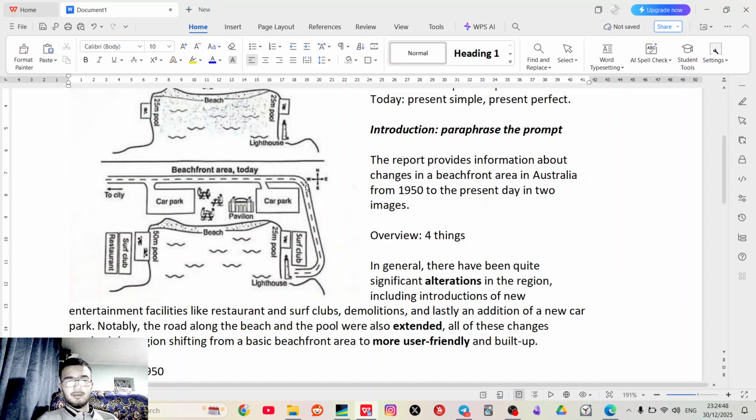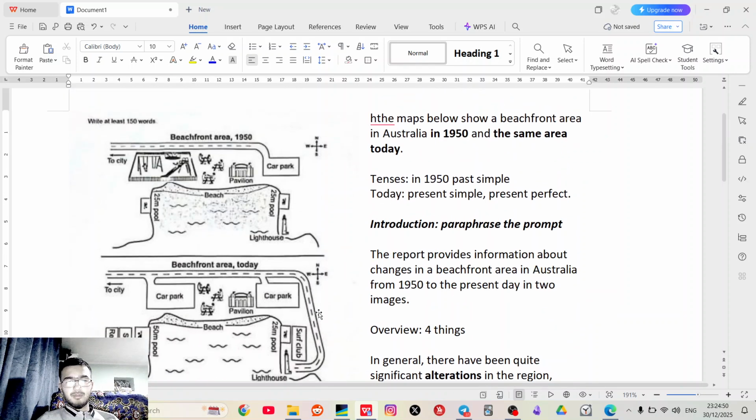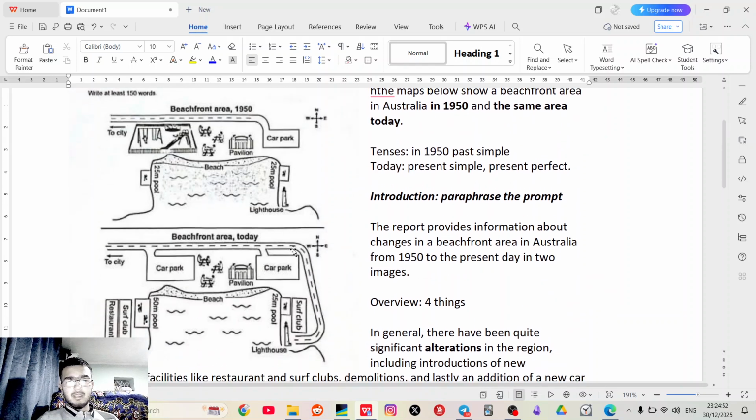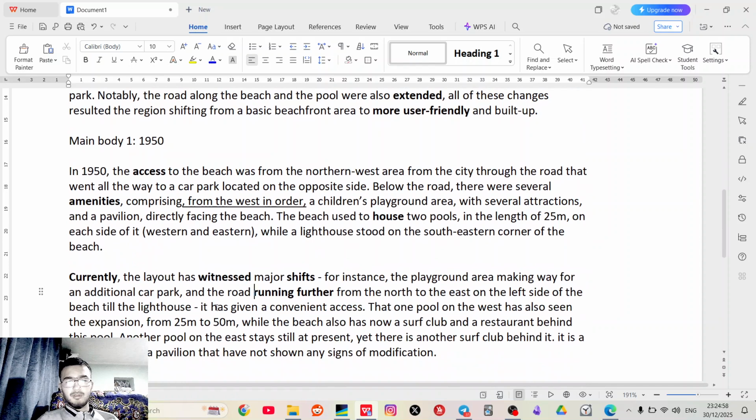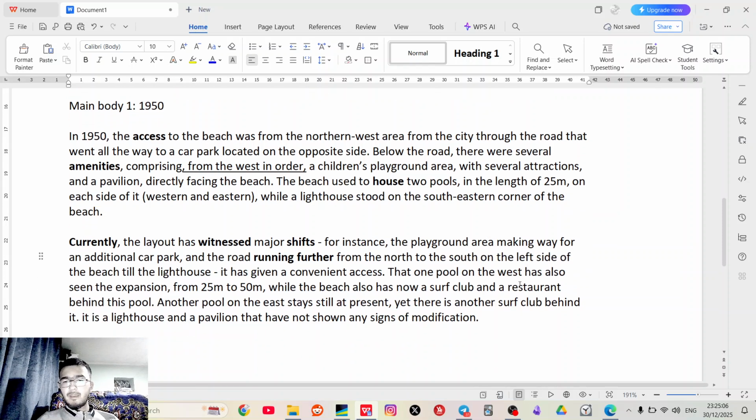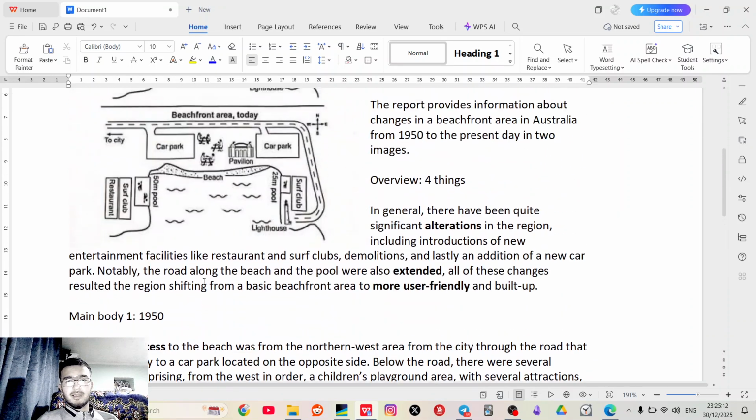So as you can see here, the road goes further from north to south, right? North to south, on the left side of the beach, till the lighthouse.